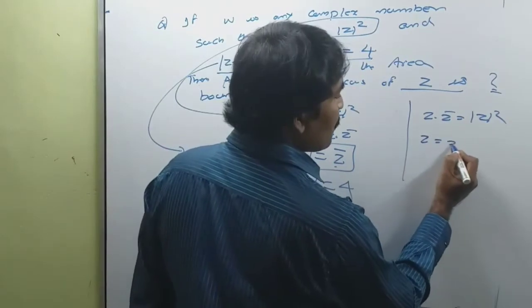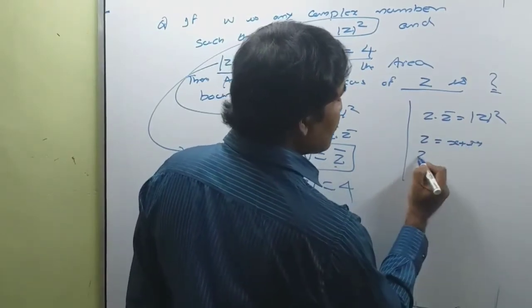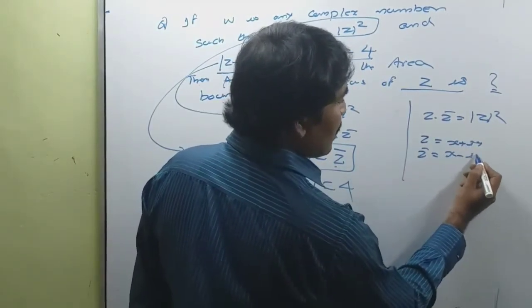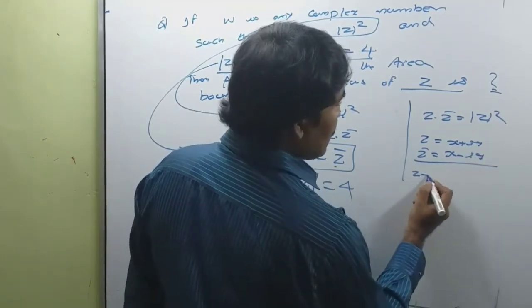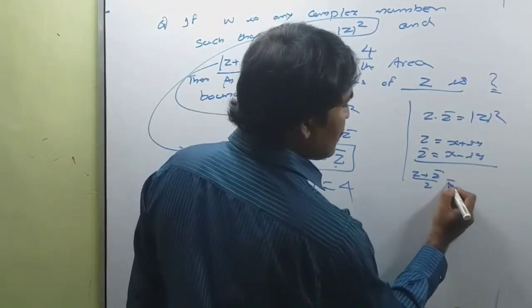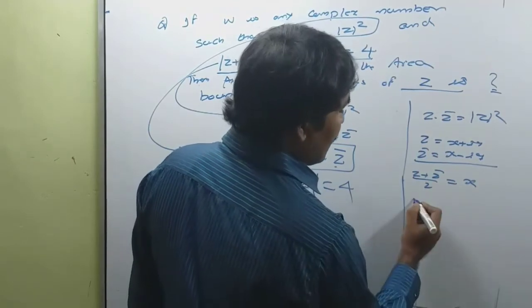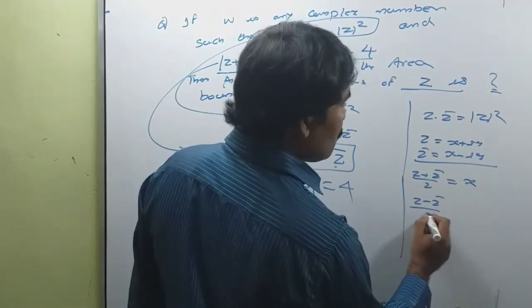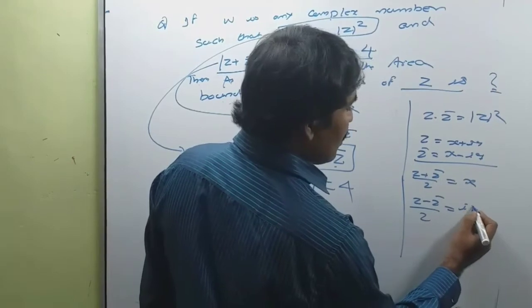Z is equal to x plus iy and Z bar is equal to x minus iy. So (Z plus Z bar) by 2 is equal to x and (Z minus Z bar) by 2 is equal to iy.